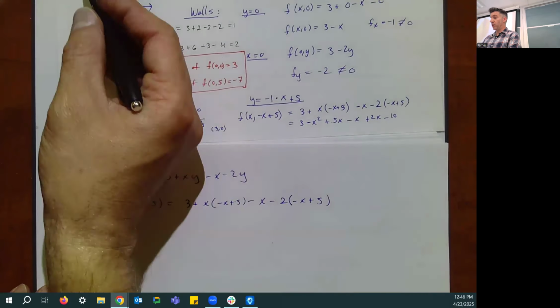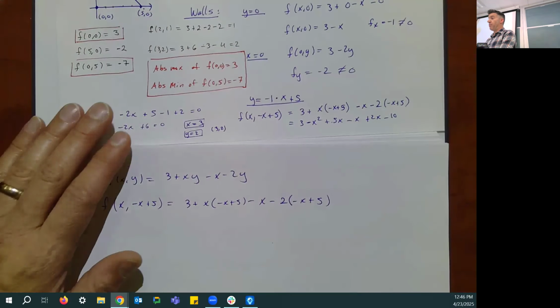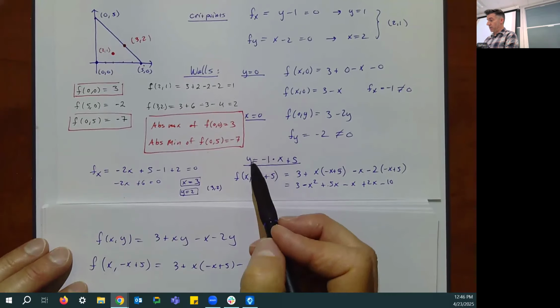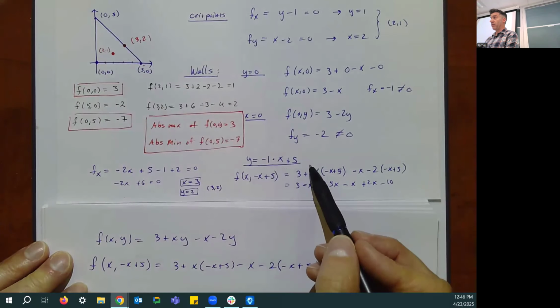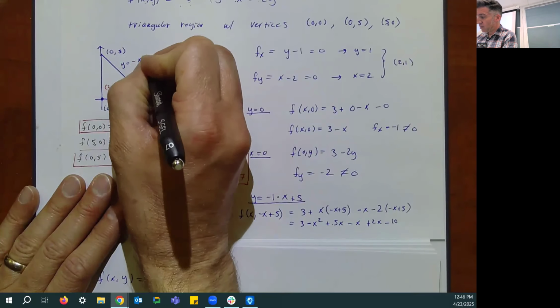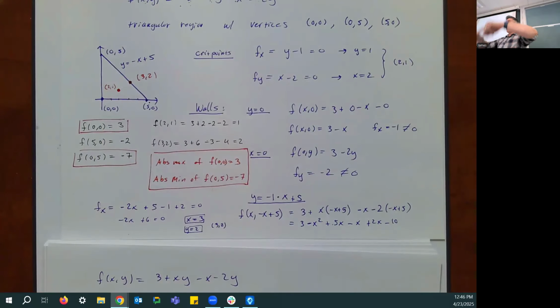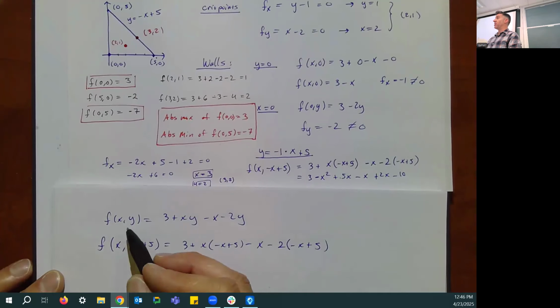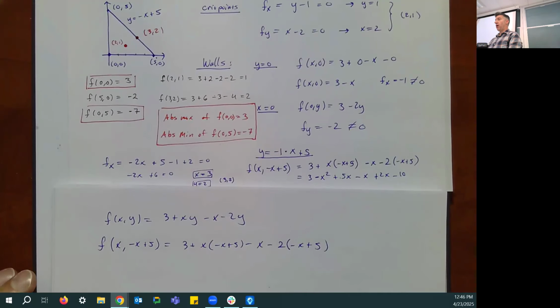Well, because that's the equation of this line, right? That boundary is the line y equals negative x plus 5. So if a point is on that boundary, it has to satisfy that equation. So we're just going to replace y with what we know it has to be equal to.